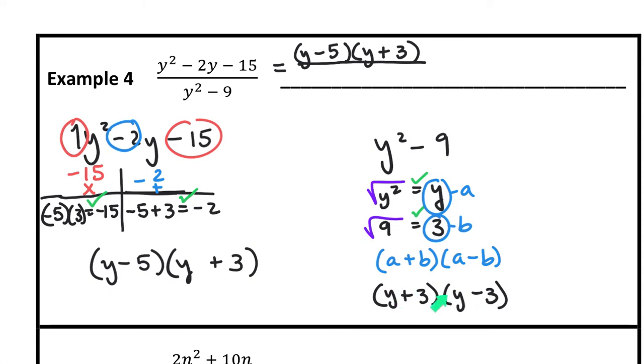So y squared minus 9 became y plus 3, y minus 3.